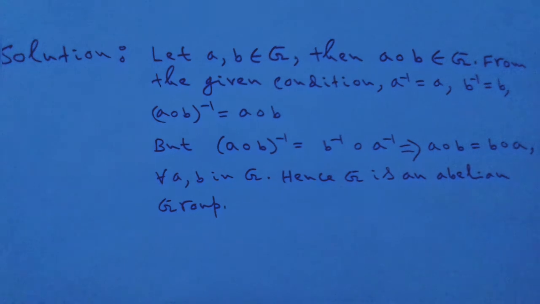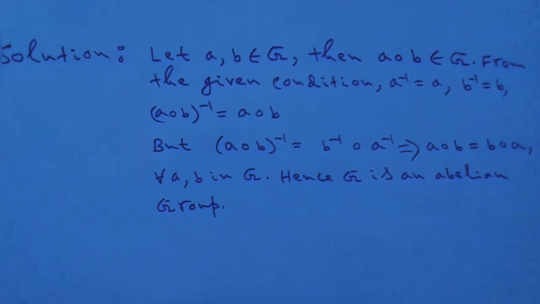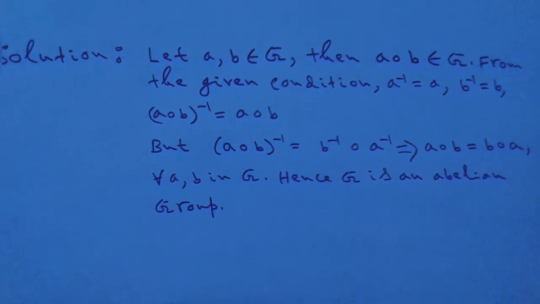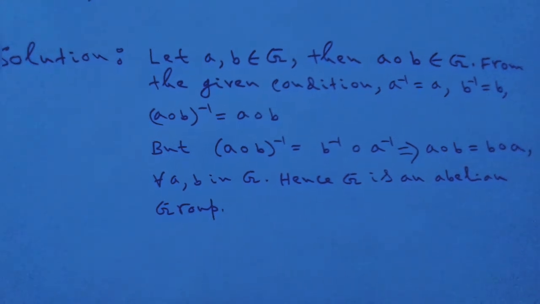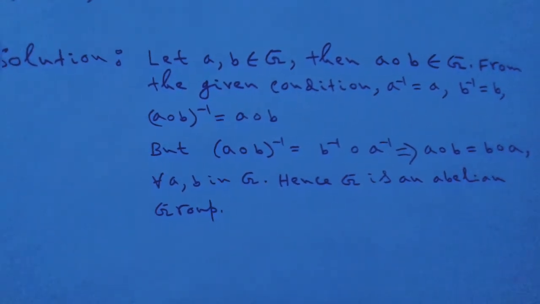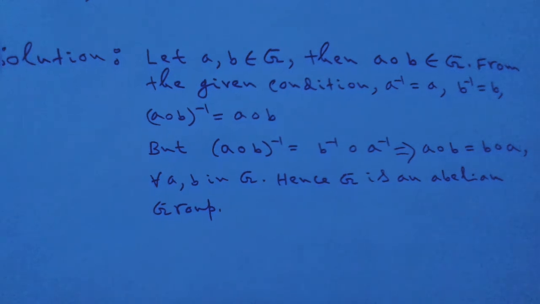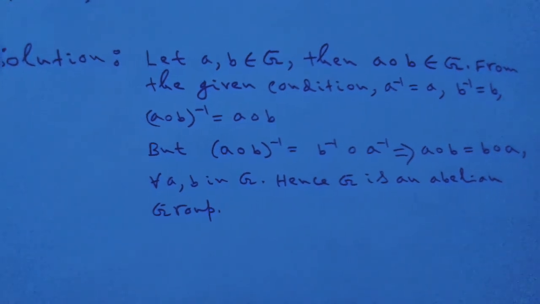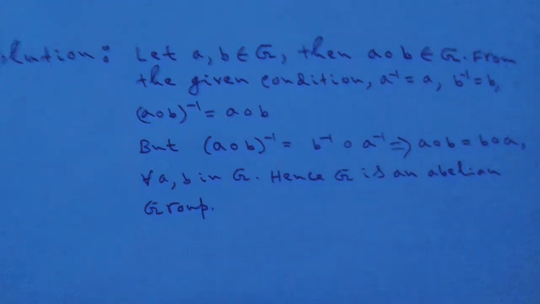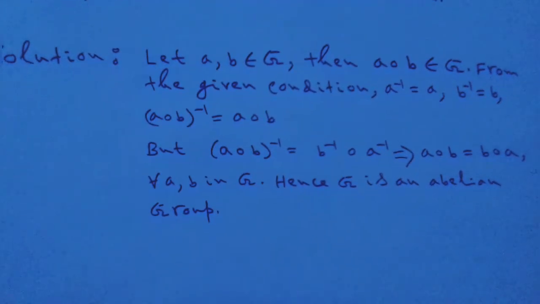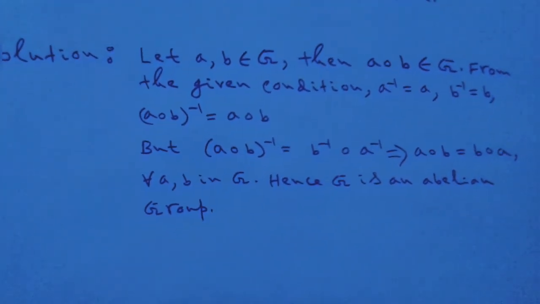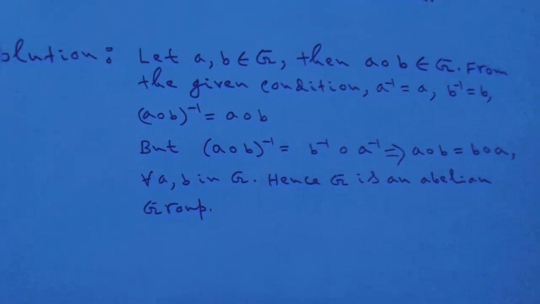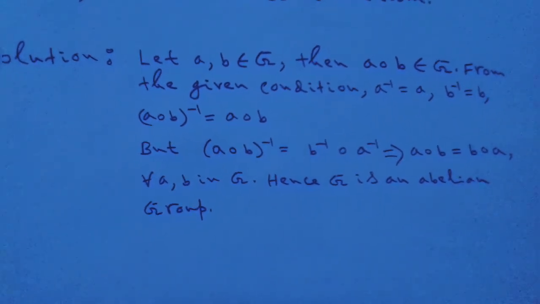But now we are using an interesting property: (A o B) inverse will clearly be B inverse composition A inverse. That is, (A composition B) inverse equals B inverse composition A inverse. This is an interesting property, and we can prove this result in the basic theory of group structure.